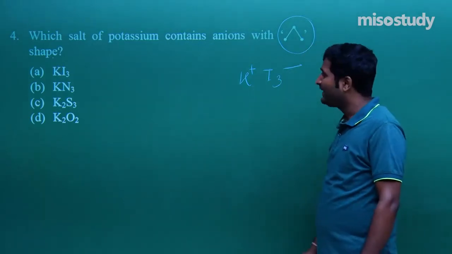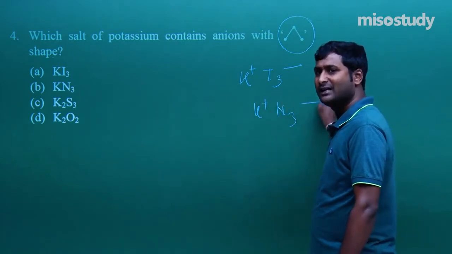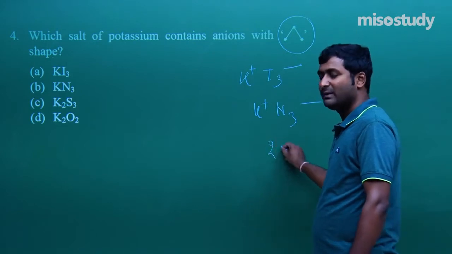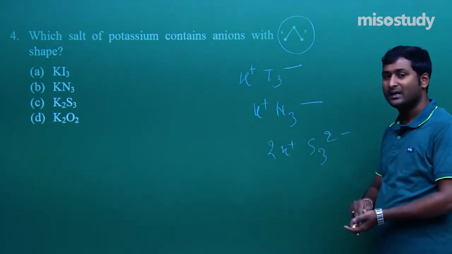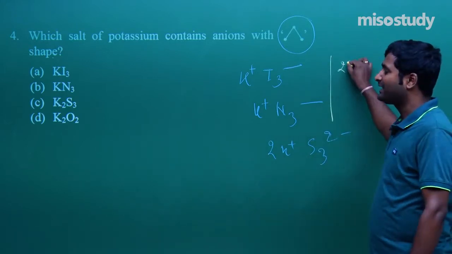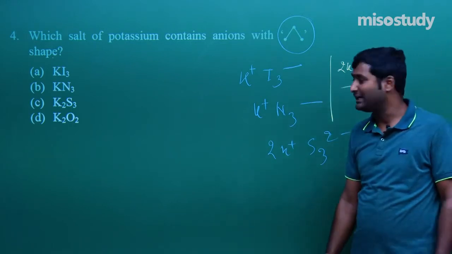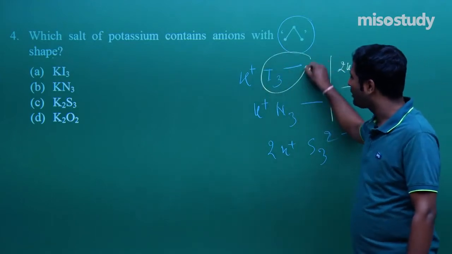If I talk about KN3, it will break like K plus and N3 minus. If I talk about K2S3, it will break like 2K plus and S3 2 minus. Now if I talk about K2O2, this is very simple, it will break like 2K plus and O2 2 minus, peroxide linkage. Now in each and every case, what is the structure of the anion?